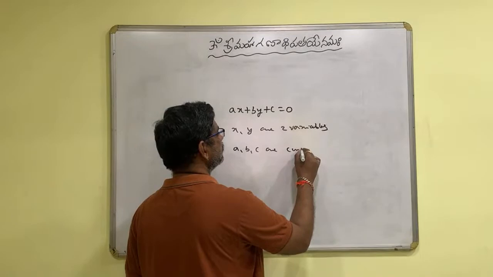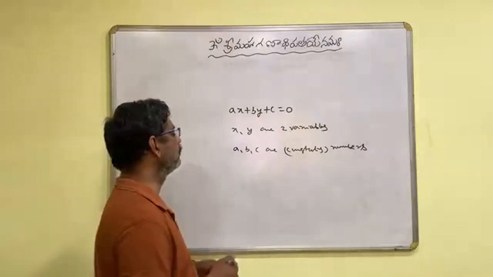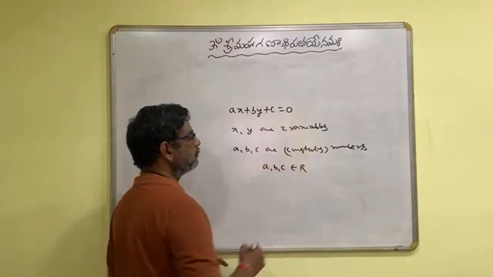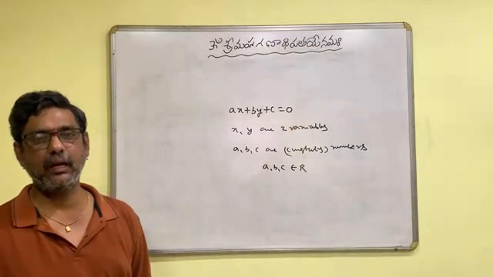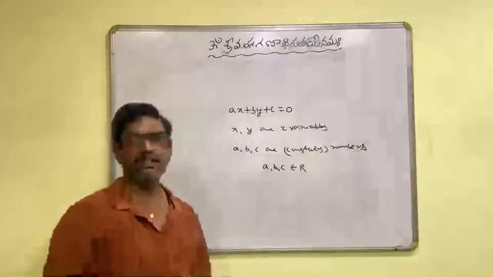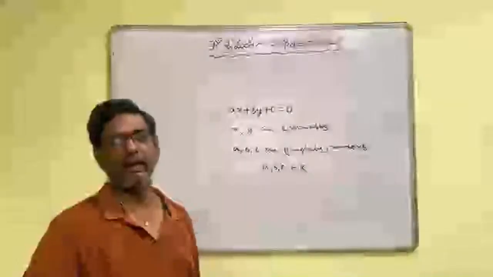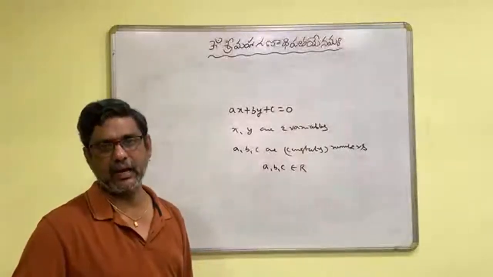Constants అంటే numbers. ఏ numbers? They are real numbers. ABCలు ఏవైనా real numbers కావచ్చు. a, b, c are any real numbers.